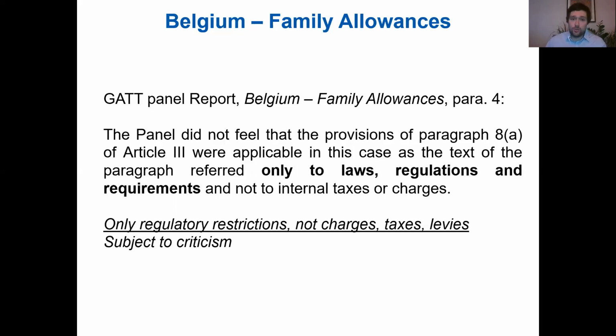So according to this position of the panel report, it's only regulatory restrictions that are permitted under 3.8a and not taxes, charges, and levies. This provision has been criticized, and you may sometimes even read that it was an omission, it was even a mistake, let's say, of the panel, that the panel misinterpreted the provision, the panel misread the content of it.